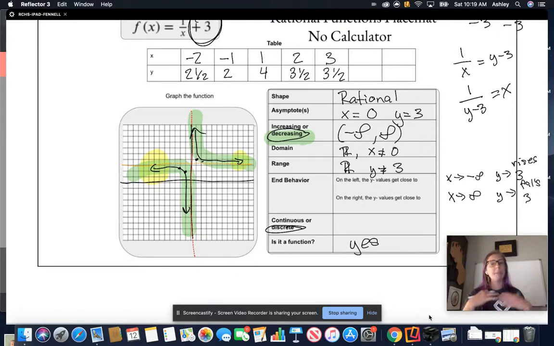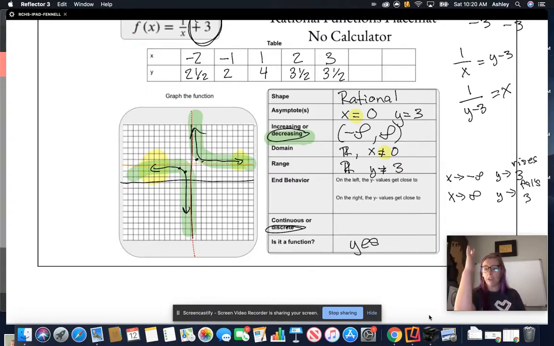The domain is going to be absolutely everything except that vertical asymptote. So x is not allowed to be 0. Now I want to highlight a difference between this not equal to and the equal to here. So if you look right here, we have equal to, and right here we have not equal to. Remember that an asymptote is actually the equation of that line.